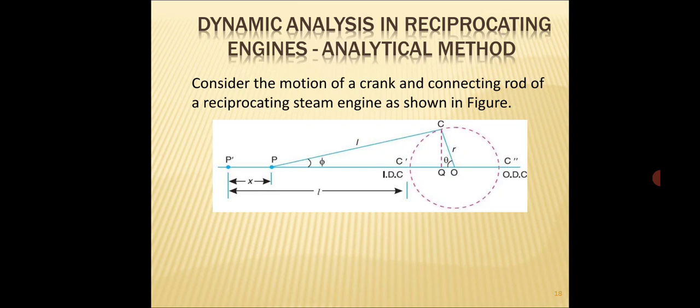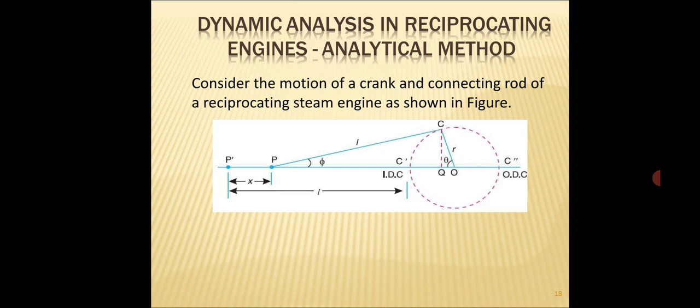As the crank changes its position from the inner dead center, the angle varies. Let x be the displacement. What is x? It is the displacement of the reciprocating body from P. P is the initial position of the object, and it gets displaced from one position to another when the engine reciprocates. So at time t seconds, the crank has turned through an angle theta.